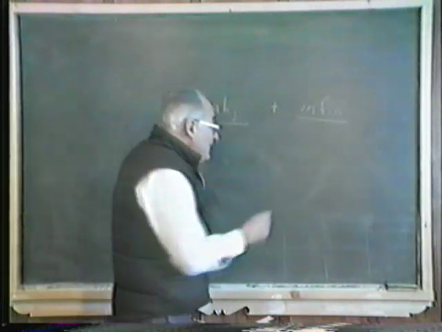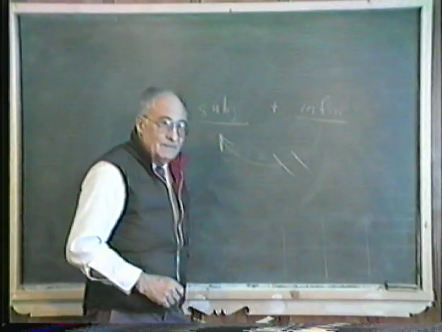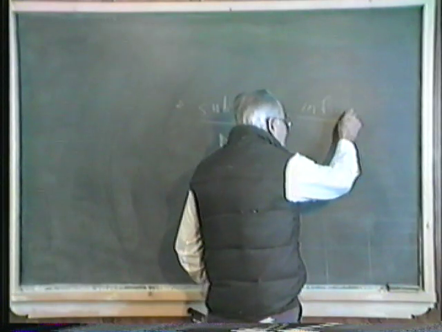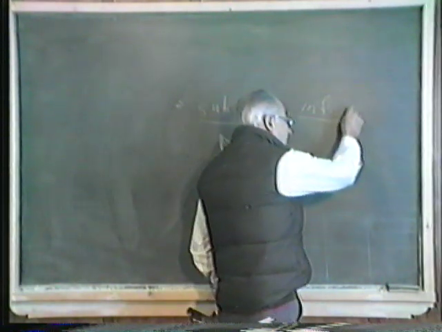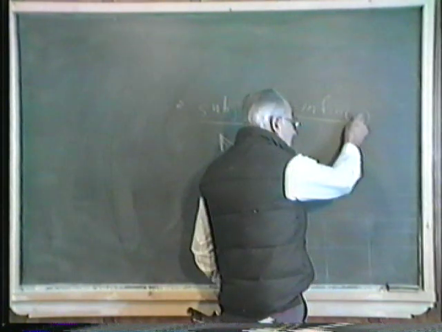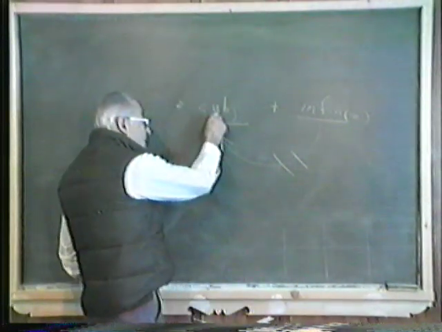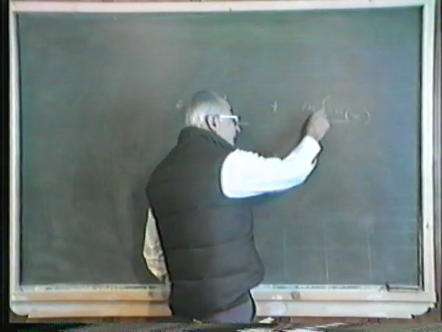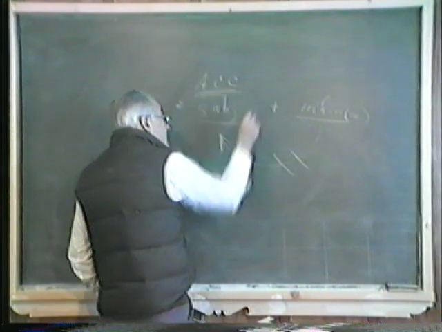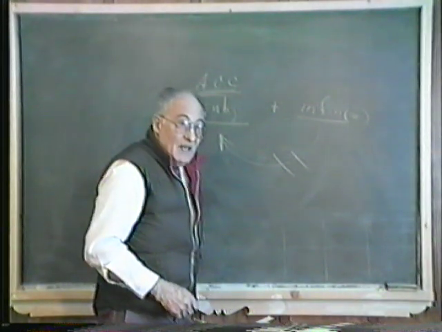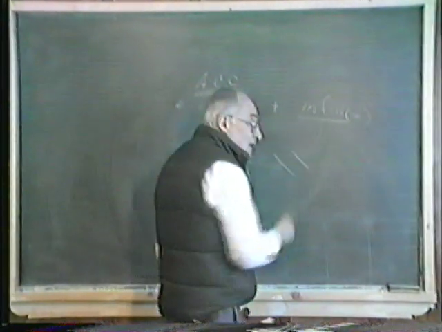Now then, this infinitive cannot take a subject because it is not a finite verb. It doesn't have any endings to it. Therefore, this word that acts as a subject has to be in the accusative case. And it is called the accusative of general reference.